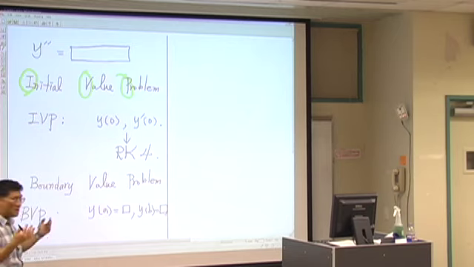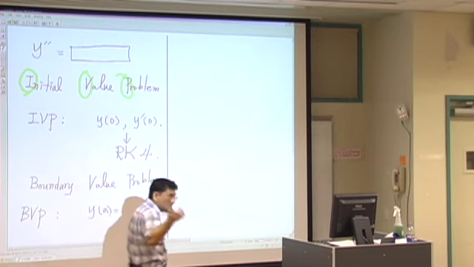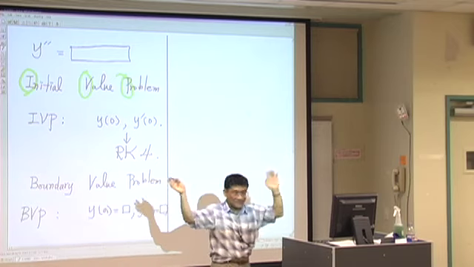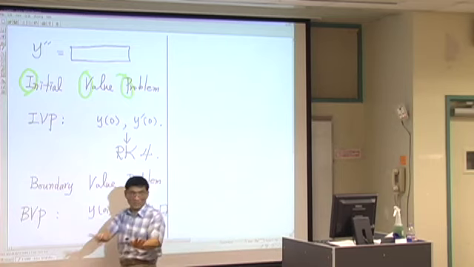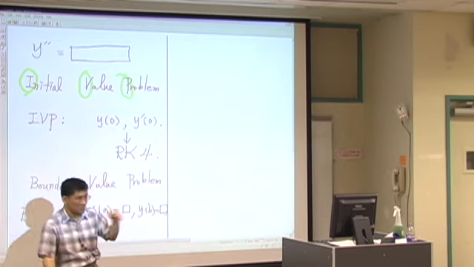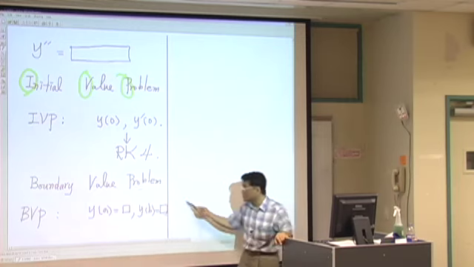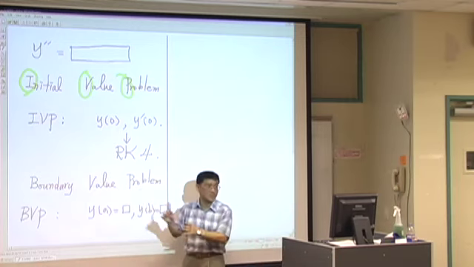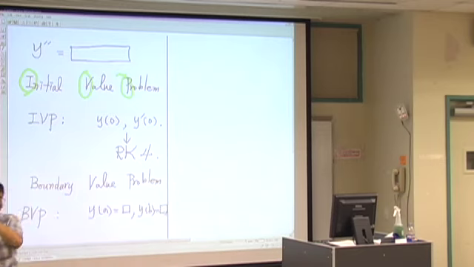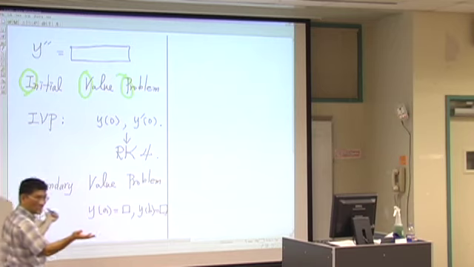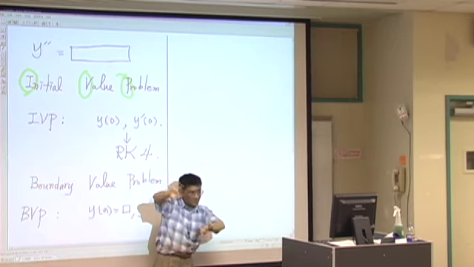Then, theoretically, sometimes this kind of thing has a solution, sometimes it does not have a solution. There are many topics covered in the differential equation course, but this is not a differential equation course. So I don't care whether a solution exists or not theoretically. I want to use numerical techniques to find the solution, assuming the solution exists. We assume the solution exists, then how can you handle it? So this course is very different from a theoretical course.